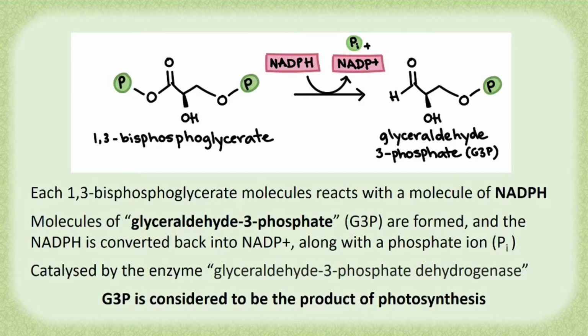And at this point you can pat yourself on the back if you've been following the videos through and keeping up, because we've now made the precious product of photosynthesis, the G3P, that's then going to be available to the plant to turn into glucose and all sorts of other useful substances that the plant depends on, and also that we depend on as the original source of the food that we eat.